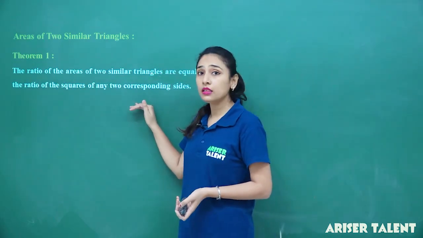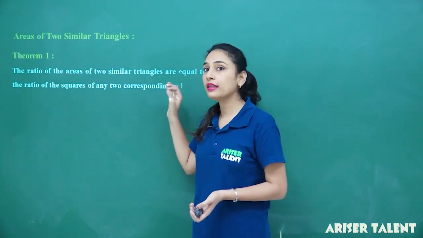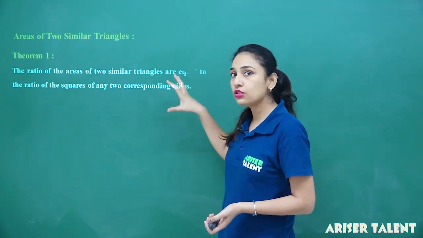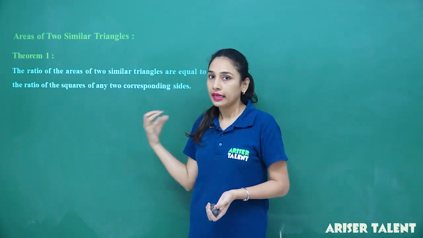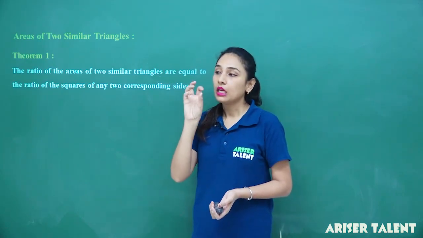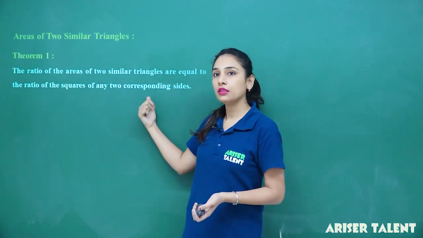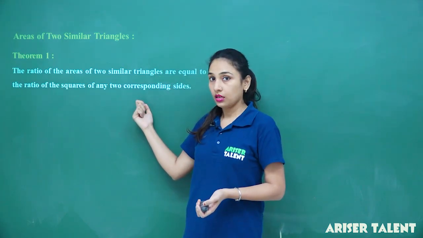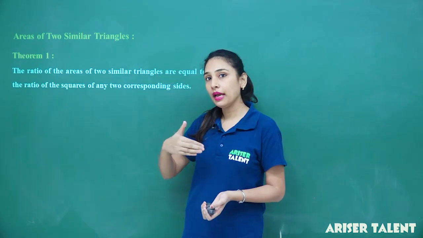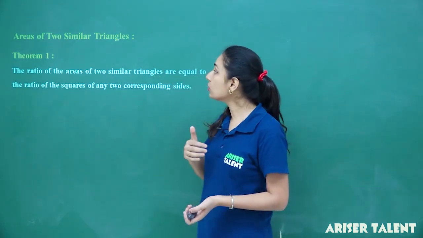Why are we studying these things, students? Because we can apply these theorems directly to a given question. If in a given question we have some numerical values of some sides, we can just apply these theorems on them and get the answer. Okay, students.